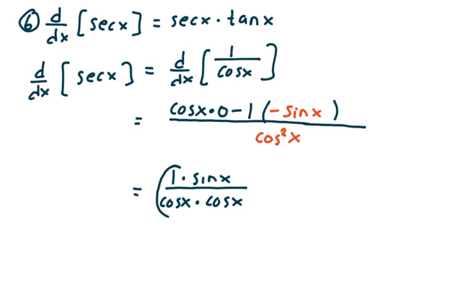Now, what is 1 over cosine x? That's secant x, right? So this is secant x times sine x over cosine x is tangent x. And we derived the derivative of secant x.